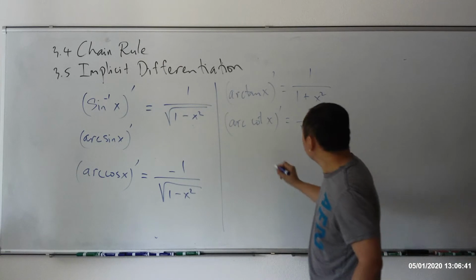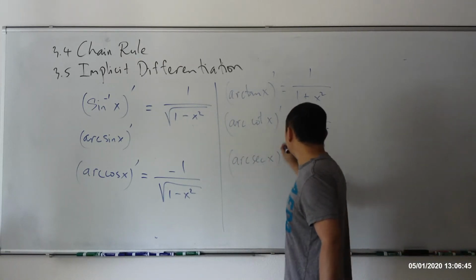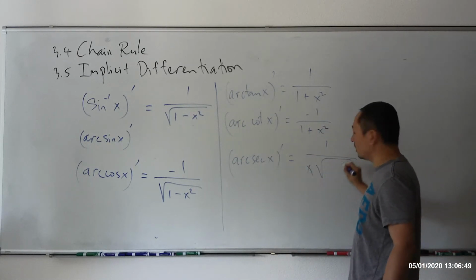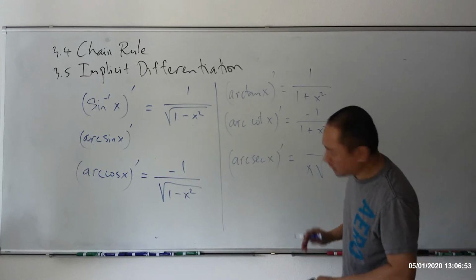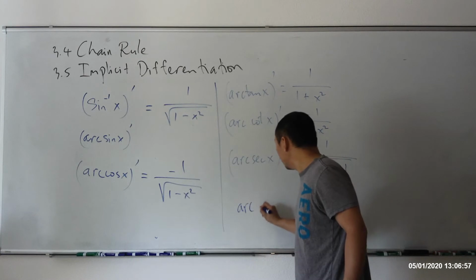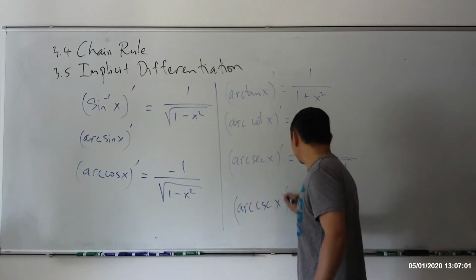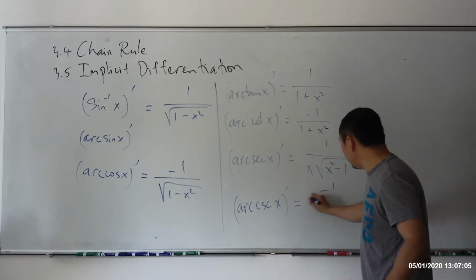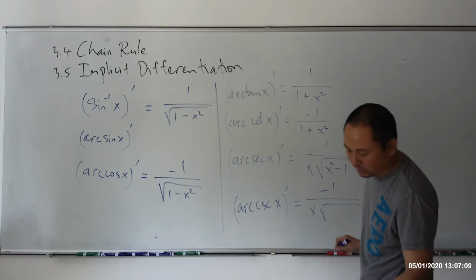And then secant, arc secant of x. Derivative is 1 over x times the square root, let me see, of x squared minus 1. Yep. And then arc cosecant of x. Derivative is equal to negative 1 over x square root of x squared minus 1.